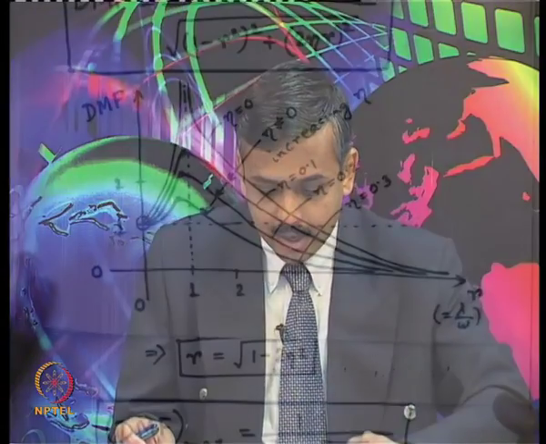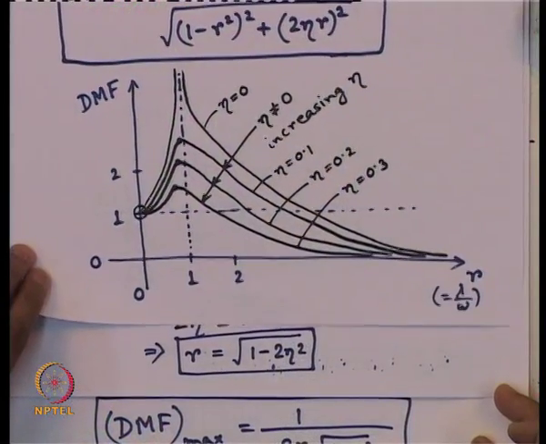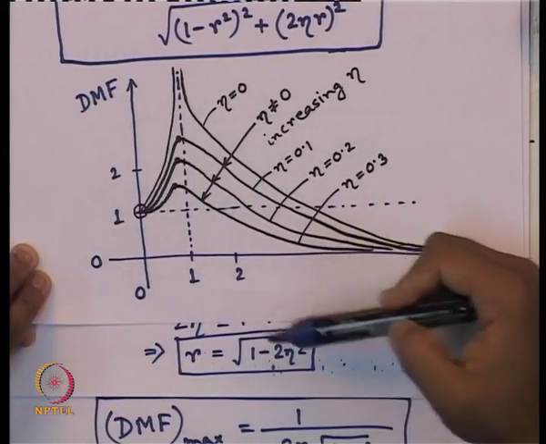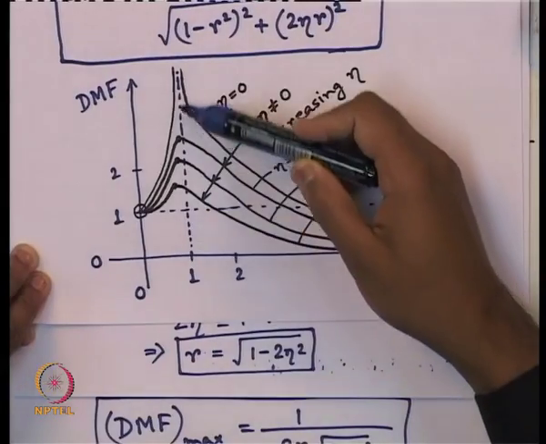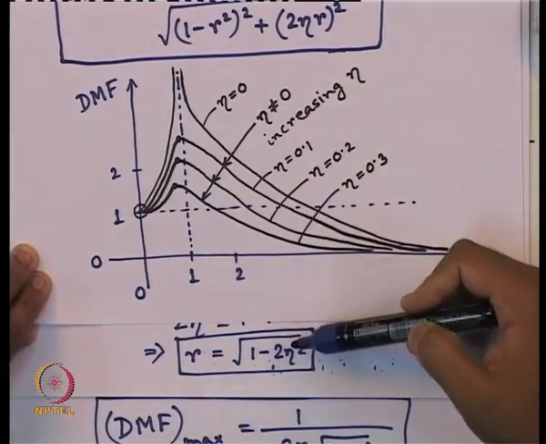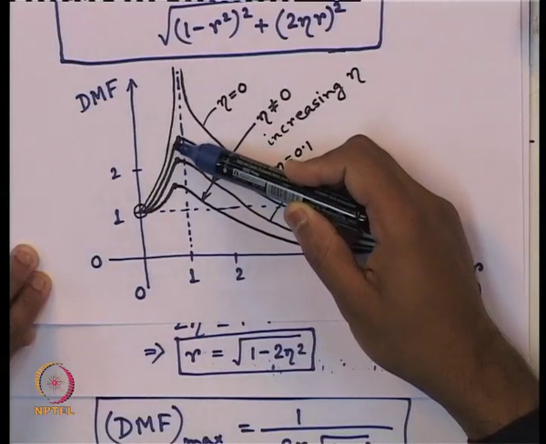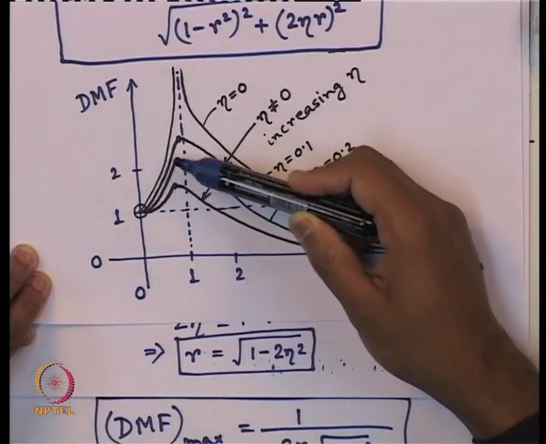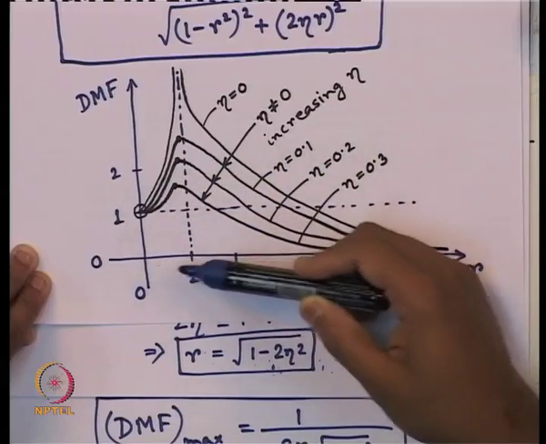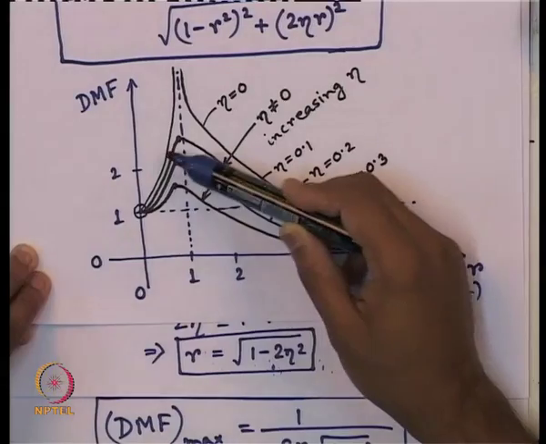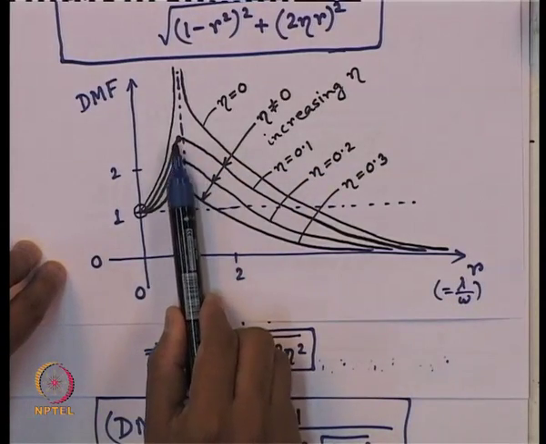So, let me put the graph again here and compare with respect to this expression. Now, it will be easily understandable for us. At eta equals 0, the maximum occurs at r equals 1, with increase in the value of eta, this maximum point shifts towards r equals 0, a little away from 1, just before 1, but this point keeps on shifting.